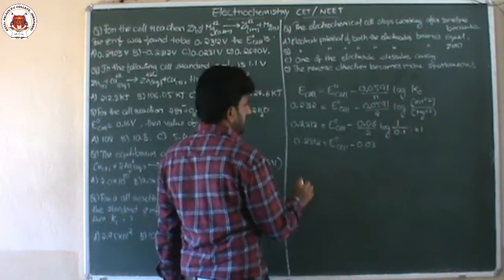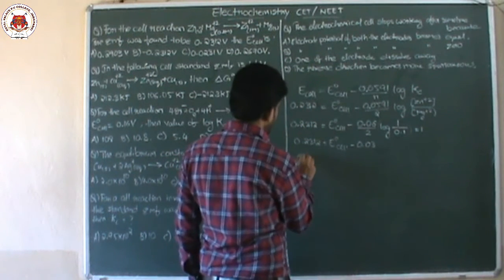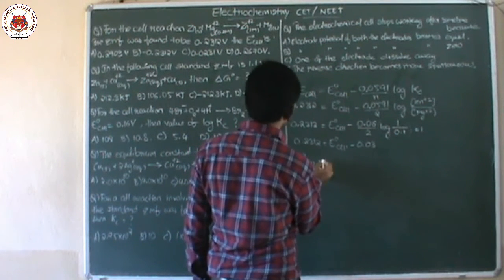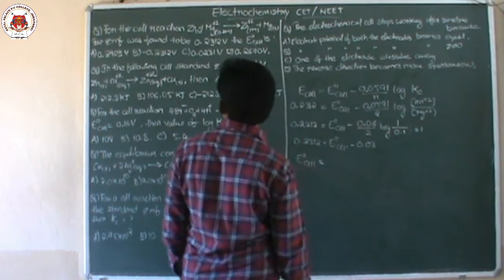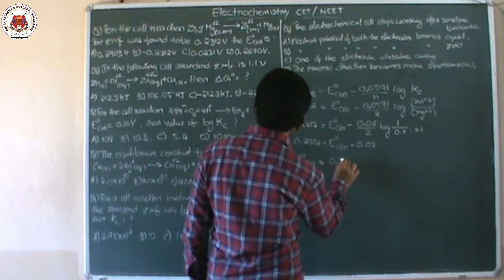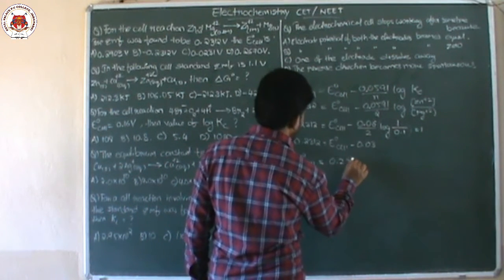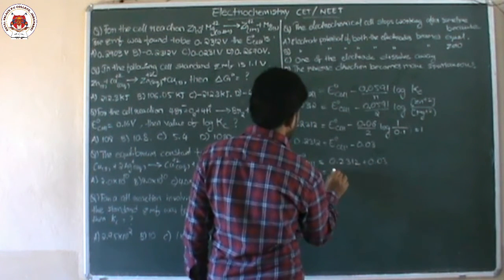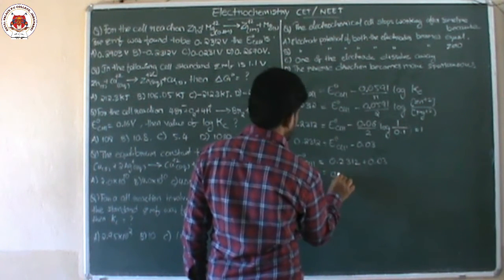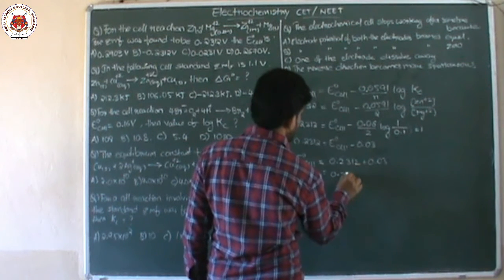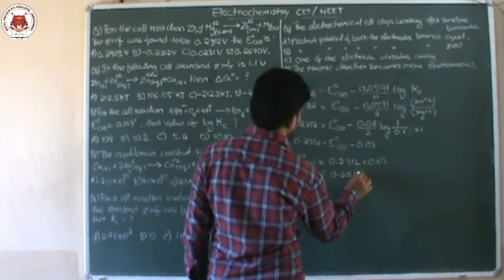Now finally, E naught cell will be equal to 0.2312 plus 0.03, so this will come to be 0.2612.